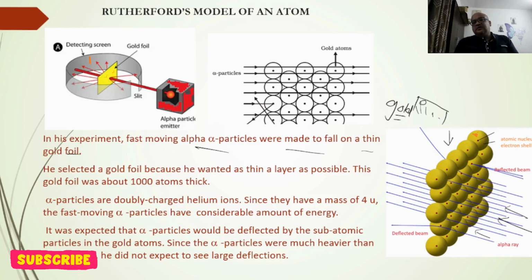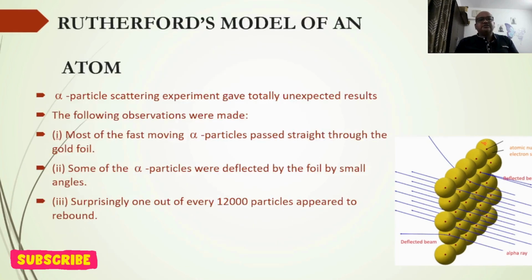If we bombard this with alpha particles, it will get deflected, right? Since the alpha particles were much heavier than the proton, he did not expect to see a large deflection.